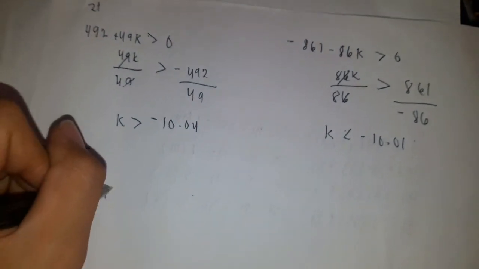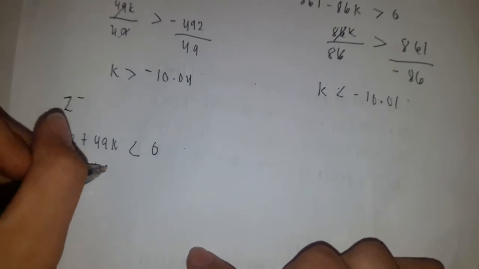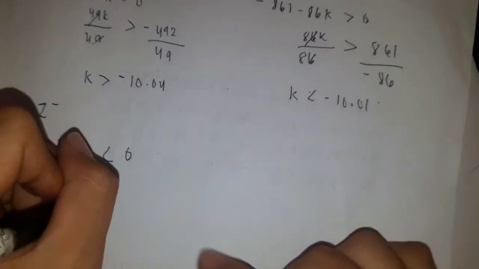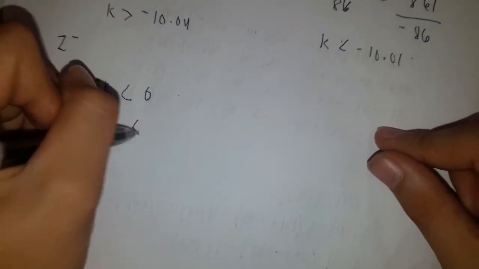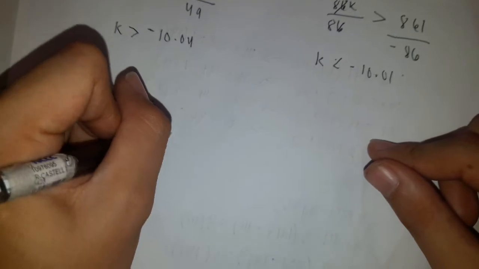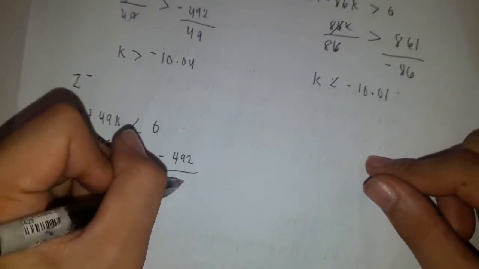So let's proceed to negative integers. 492 plus 49k is less than 0. So 49k over 49 is less than -492 over 49.